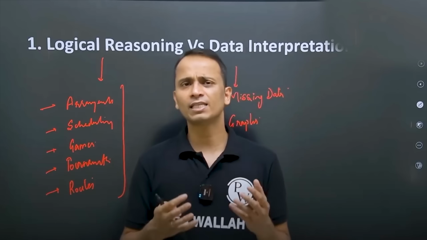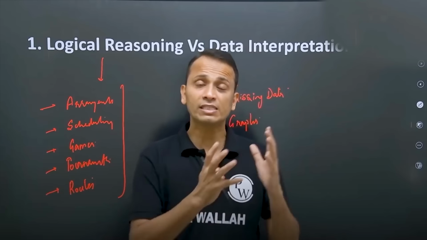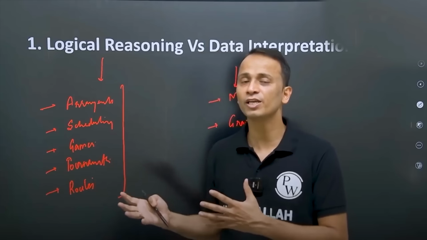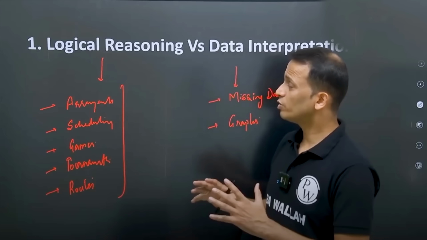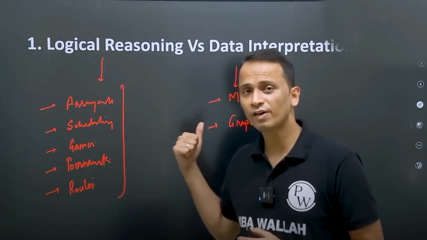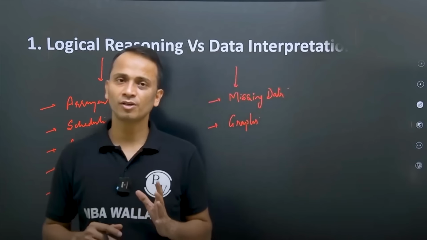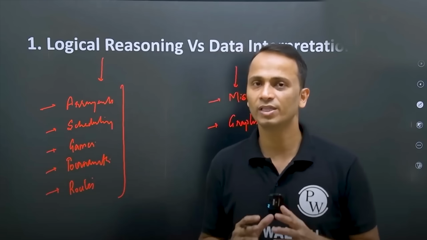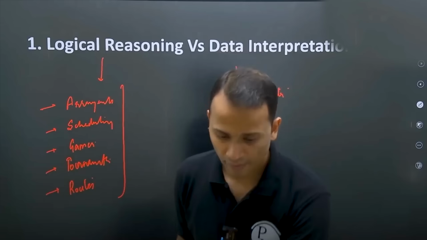And I would say that this particular problem is enough not to select a set of data interpretation or logical reasoning over the other area. All right, fine. So this is how we can use this first parameter, logical reasoning versus data interpretation, right? And we can begin the section with any of these areas of our choice, right?